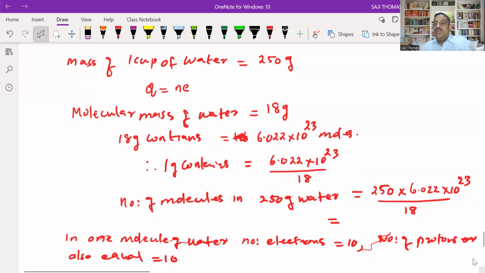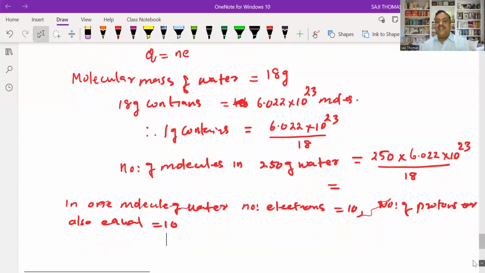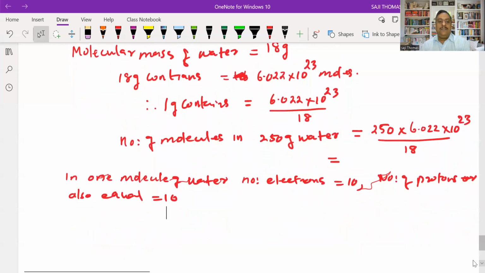So in one molecule, how many positive charges are there? 10 into e. So what will be the total charge in 250 grams?